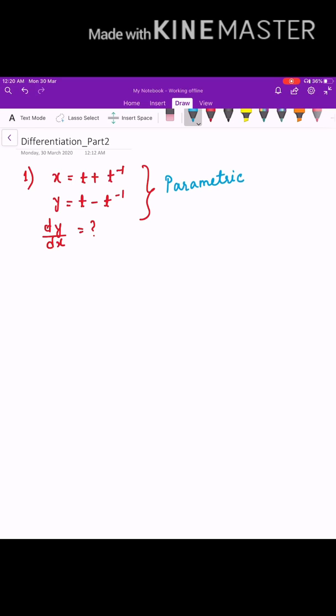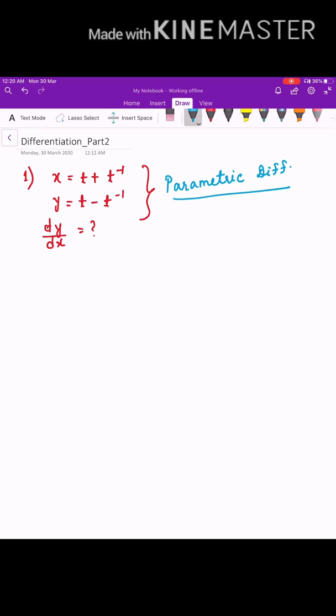So the first question that was given as homework was, if x is equal to t plus t to the power minus 1, y is equal to t minus t to the power minus 1, find the value of dy by dx. Now, if you turn the pages of the last class, you will be able to figure out that it is an example of parametric differentiation, right?